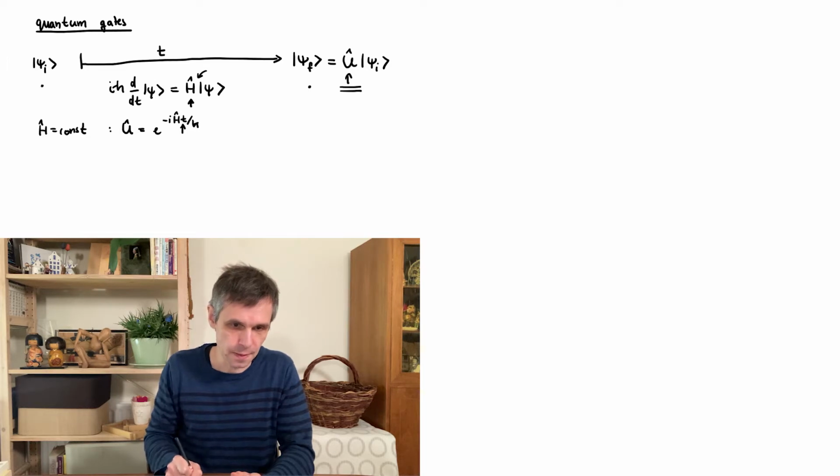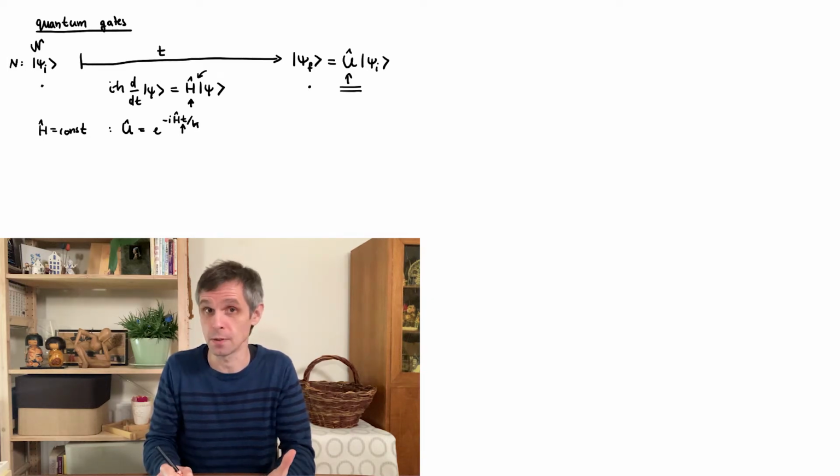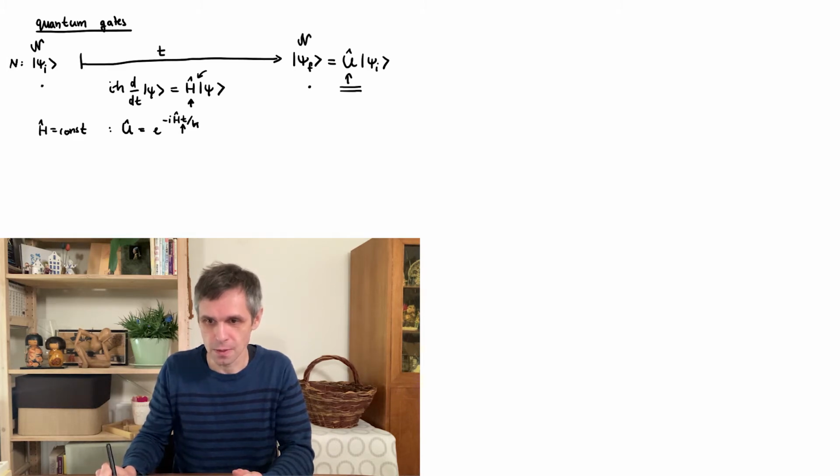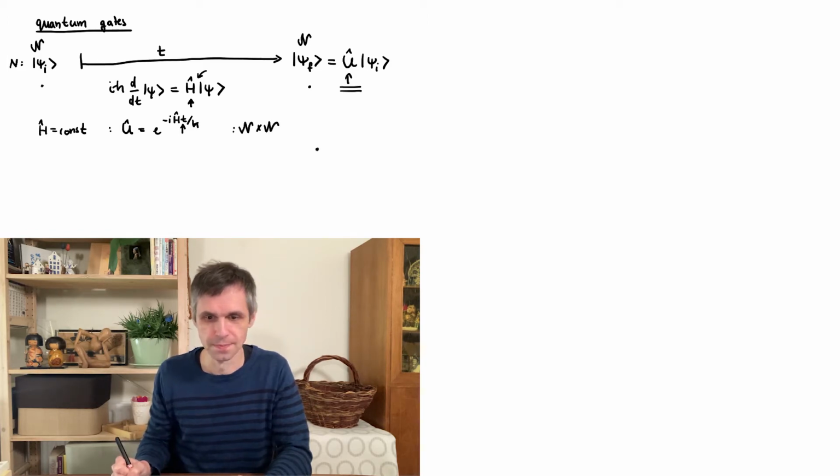In a system with n individual qubits, this would be a transformation between 𝒩 different possible input states, say the computational basis states, and 𝒩 different output states. So this time evolution operator is therefore an 𝒩 times 𝒩 dimensional matrix.